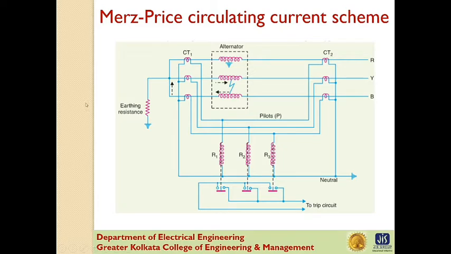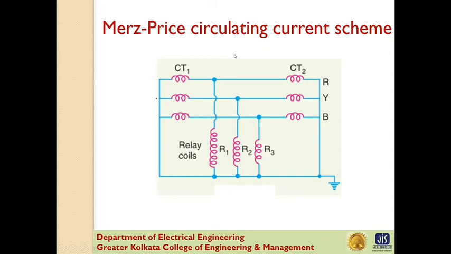Next is the operation. Now it is clear from this picture that relays are connected in shunt across each circulating path. Therefore the circuit can be equivalent to this.